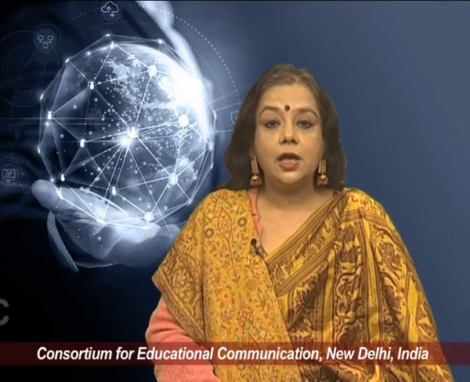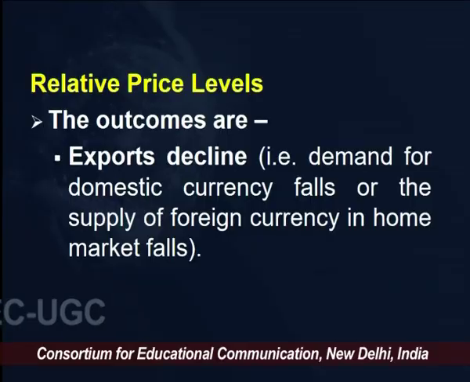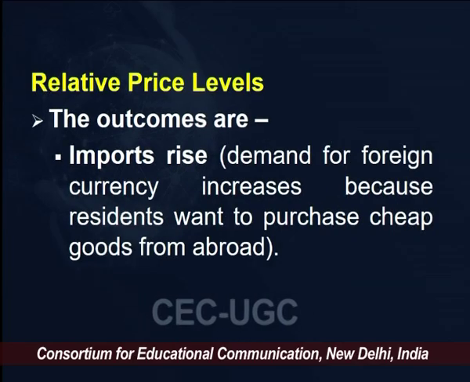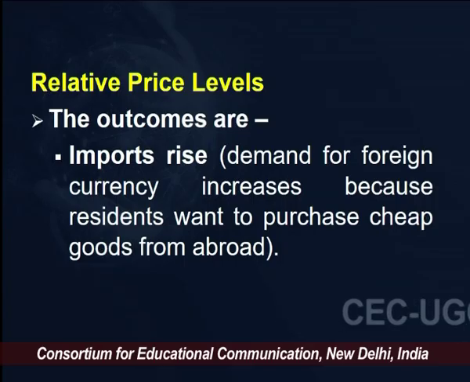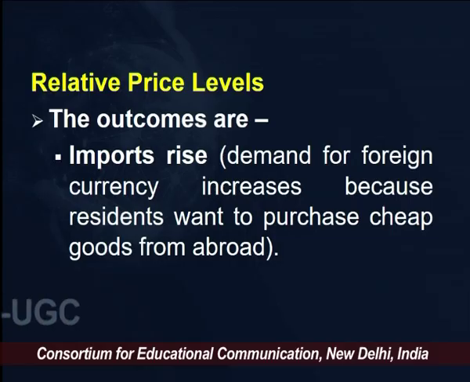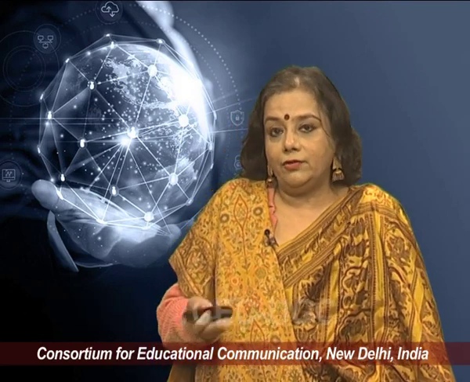The outcomes are: exports may decline, that is demand for domestic currency falls, or the supply of foreign currency in the home market falls. Another outcome may be that imports rise. Demand for foreign currency increases because residents want to purchase cheap goods from abroad. So, that is the outcome when inflation takes place.